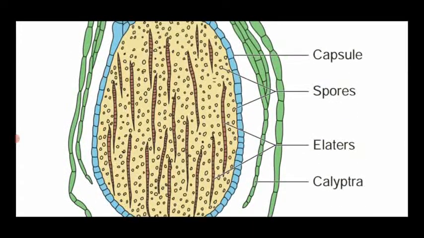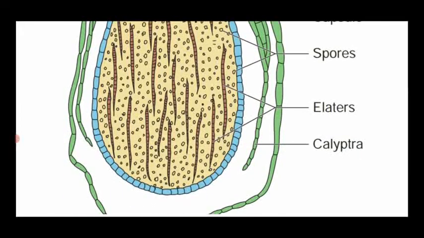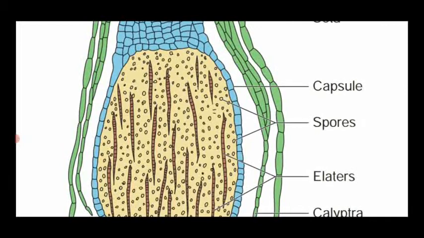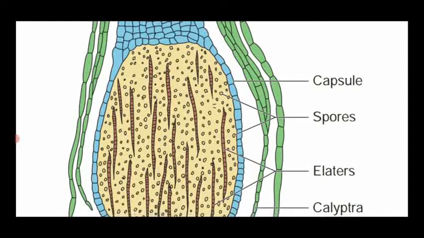Inner side of the capsule contains elaters and spores. The capsule wall disintegrates and liberates the spores outside. The spores are dispersed by filamentous, brown-colored structures known as elaters.